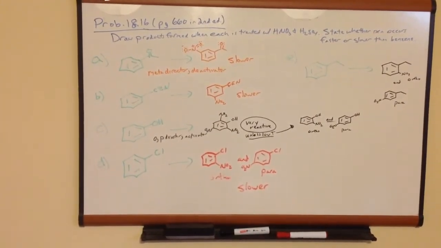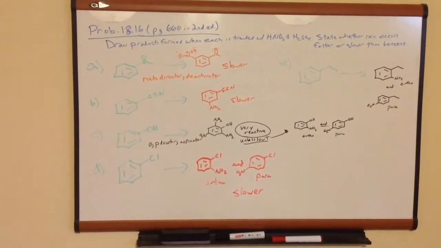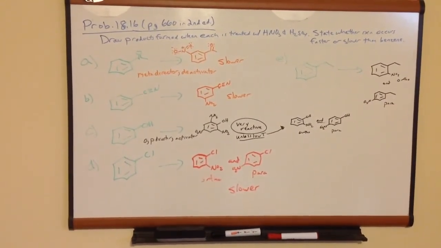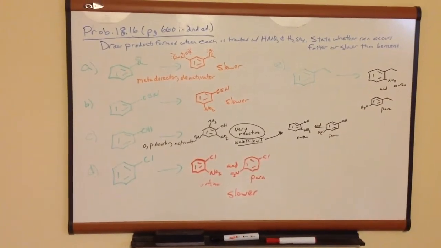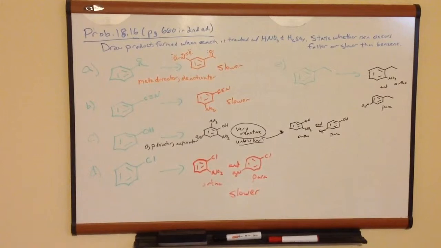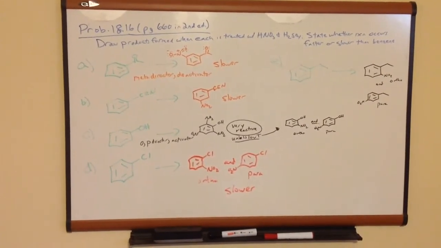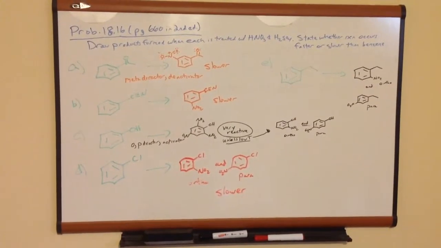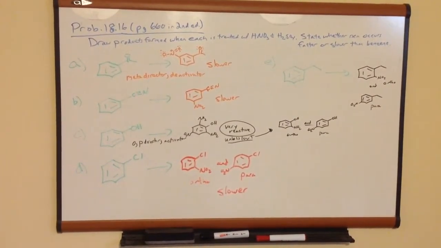In D, we have a chloro group, which is deactivating, but is an ortho-para director. So halobenzenes, chloro, bromo, fluoro, or iodobenzenes, are deactivating but ortho-para directors. So they're going to occur slower.